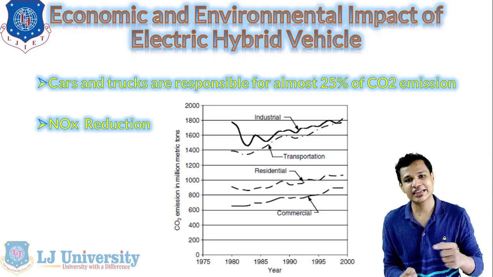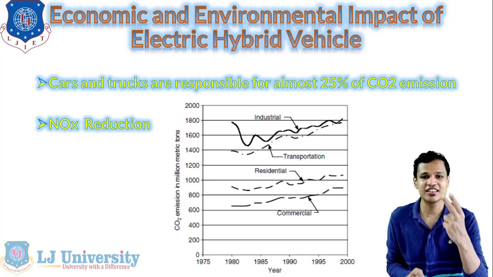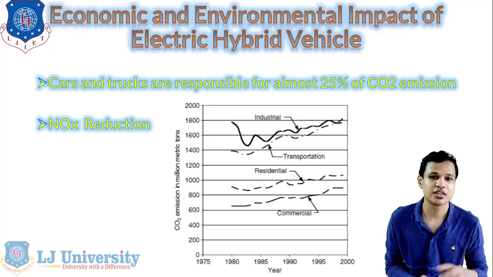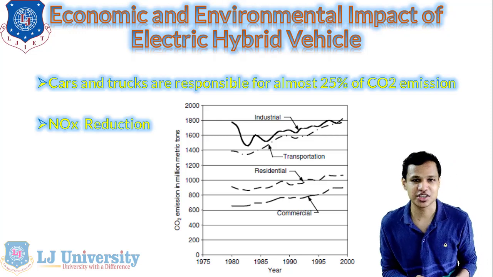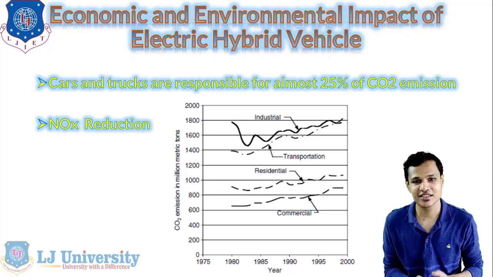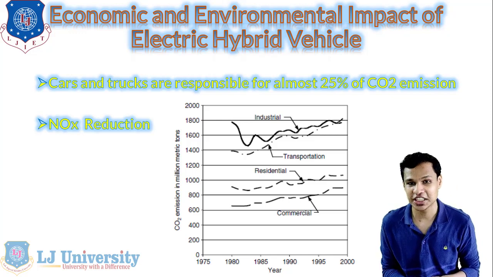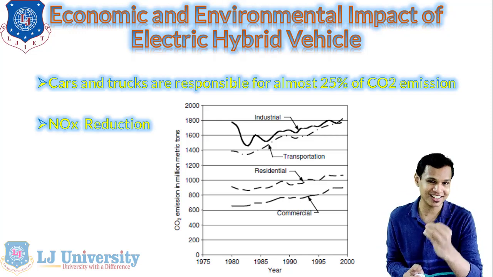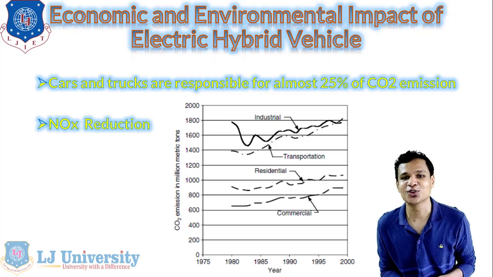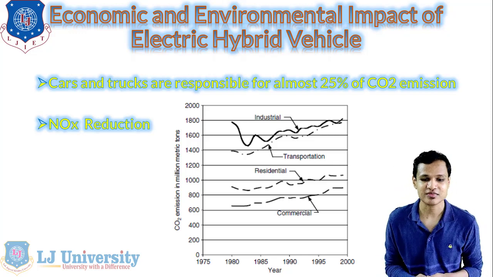You can see in the graph that transportation is the second largest source of CO2 emissions. The highest is still industrial emission, but the second is transportation, the automobile vehicles that produce CO2 emissions.